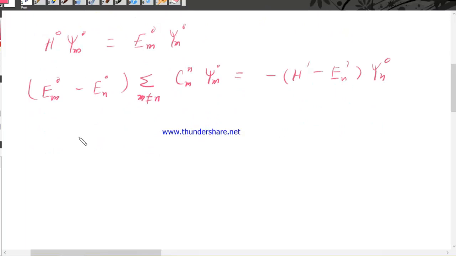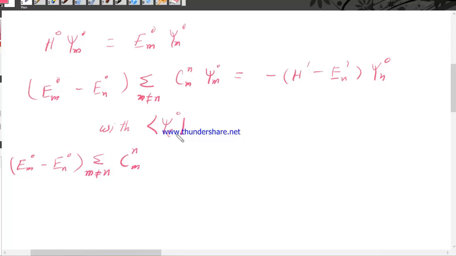Now we can take the inner product with ψl0. Then this equation can be written as (El0 minus En0) times the sum over m not equal to n of cmn, and this can also be written this way.